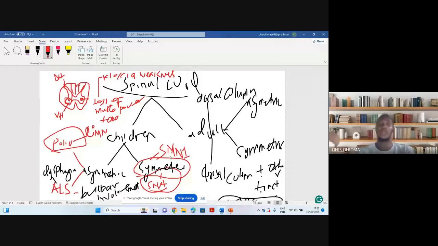And so this gene is responsible for the development of this protein. If you're very familiar with biochemistry, this particular protein helps in the production of what we call a spliceosome.